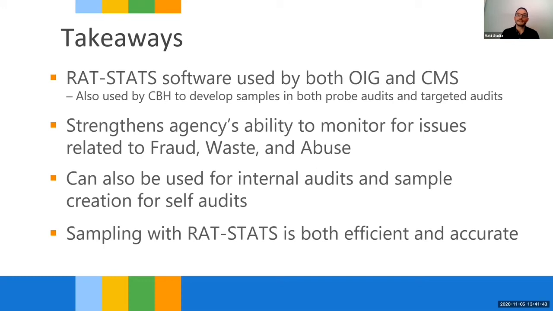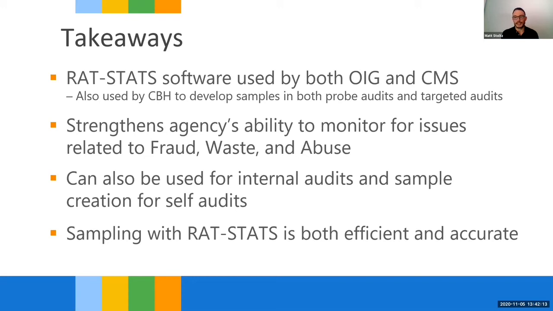So some takeaways: the RATstats software is used by both OIG and CMS. CBH uses it as well. Using RATstats can strengthen your ability and your own compliance plan and the work that's being done in your agencies. Great for internal audits and for self-audits, which Lauren and Leanne, I believe, will be going over. And it's efficient and accurate.